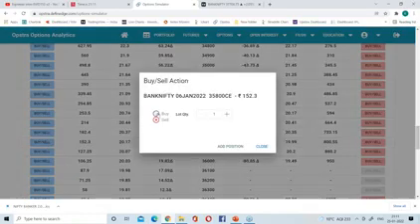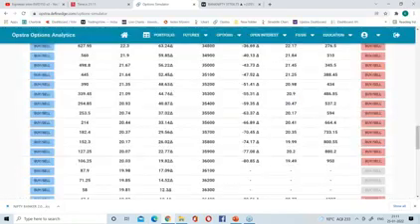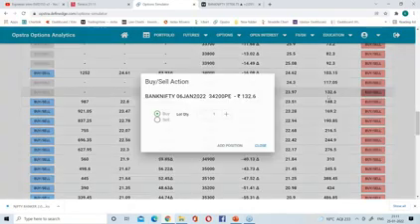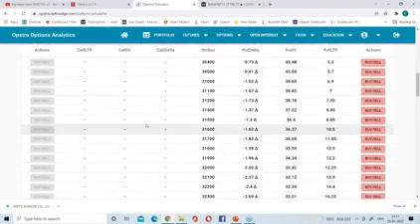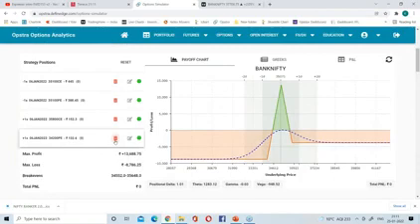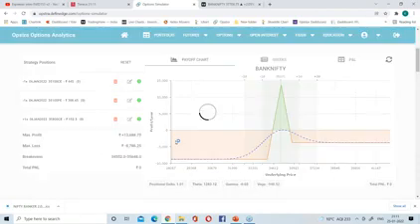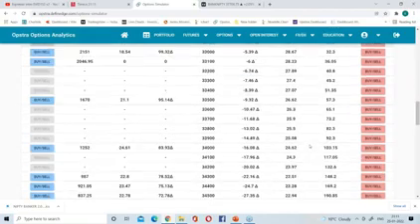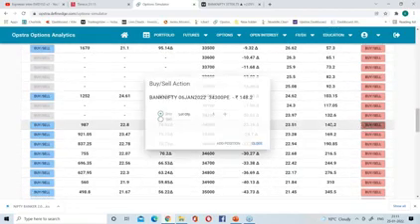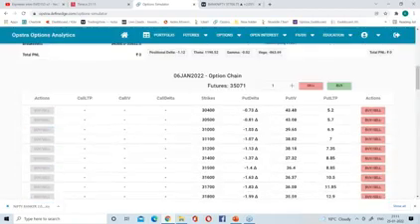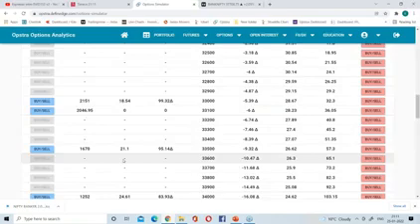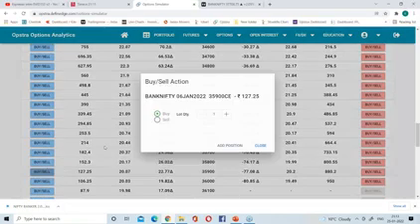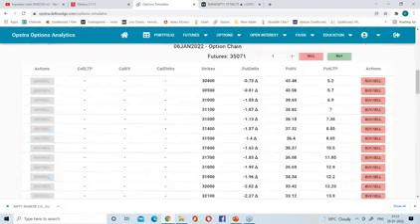So I bought 35,900 C and 34,300 P. I don't know which side the market will go. 800 points below and 800 points above. So this was our position.